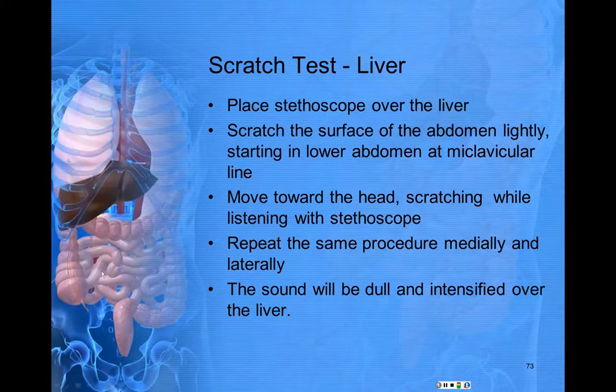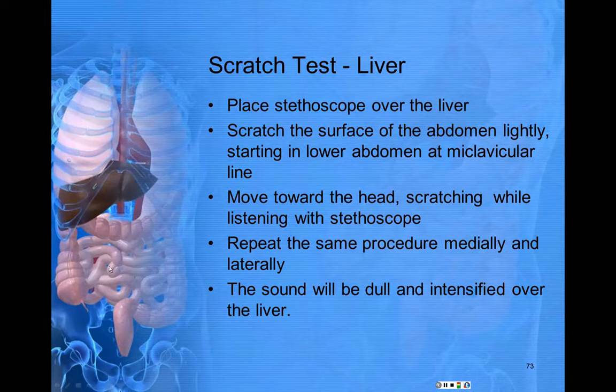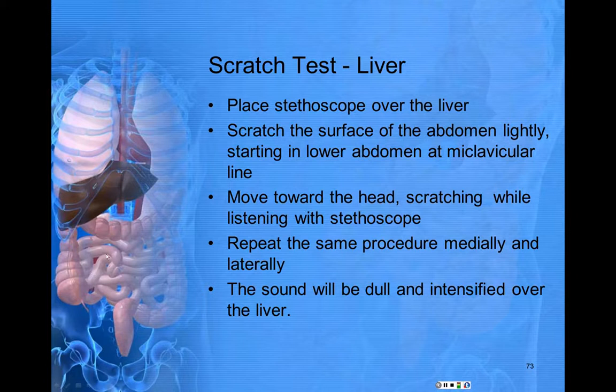So you're going to start down here with your index finger and begin to scratch the abdomen in just little linear scratches like this, moving upwards towards the head until you hear a change in the sound in your stethoscope.